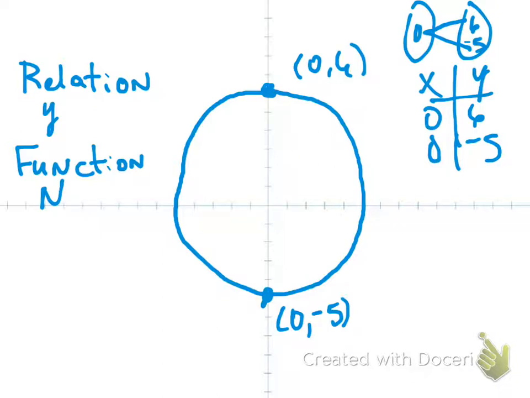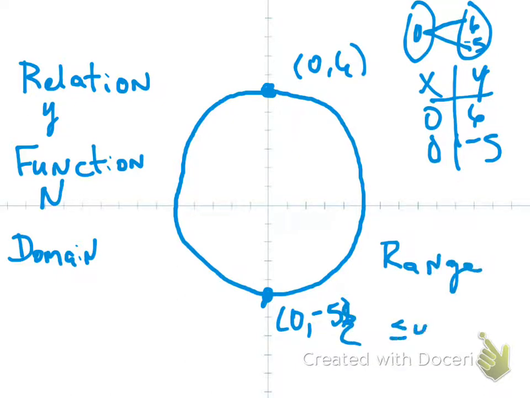But even if it's not a function, we can still say it's a relation, and we can still find a domain and range. Now, this one's continuous. So because it's continuous, you're actually going to draw this a little differently. Let me erase this point here so you can see this a little better.